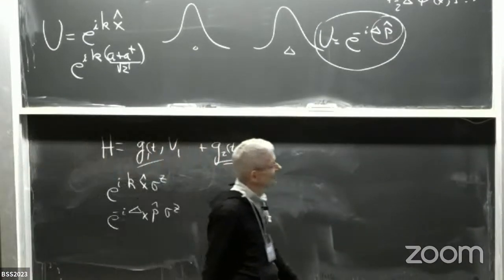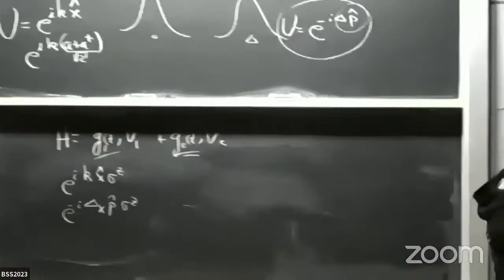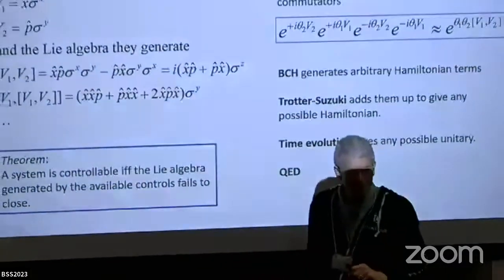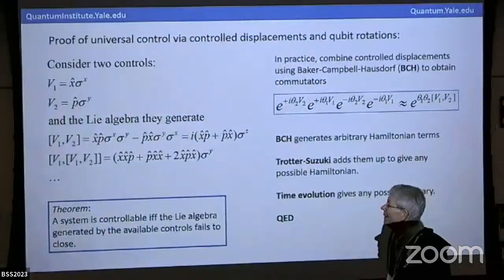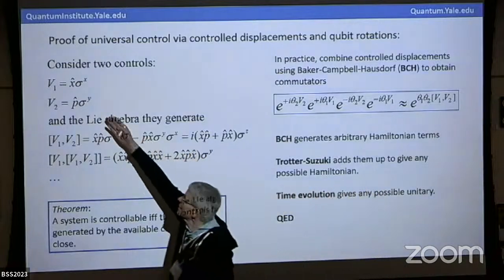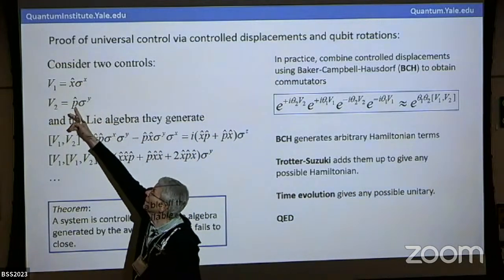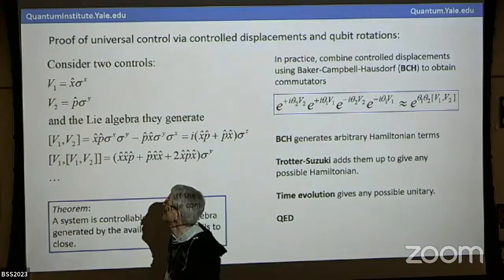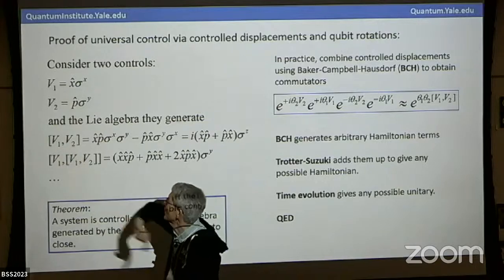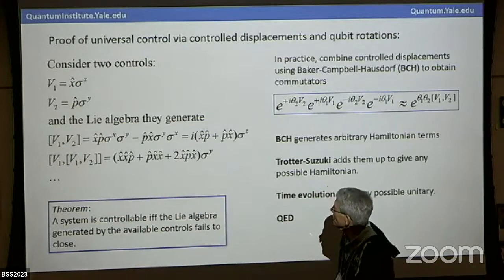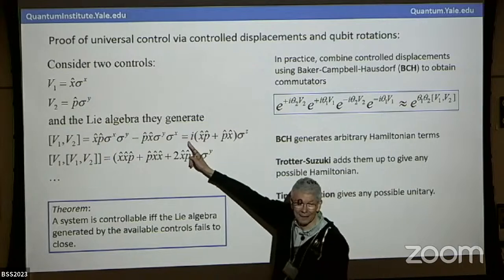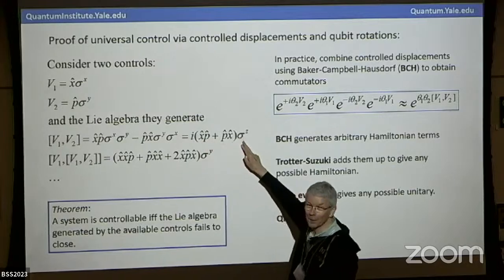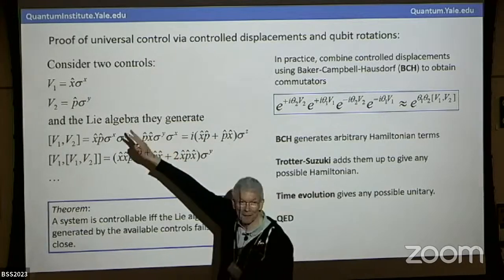Well, it turns out that the way to figure out how much control you have is to think about the commutator of the control Hamiltonians that you have. This is a mixed Hamiltonian, mixing x and p from the oscillator with the Pauli matrices of the qubit. If you evaluate the commutator of V1 with V2, you get this thing, which is a higher order polynomial, a more complicated object than the original ones.